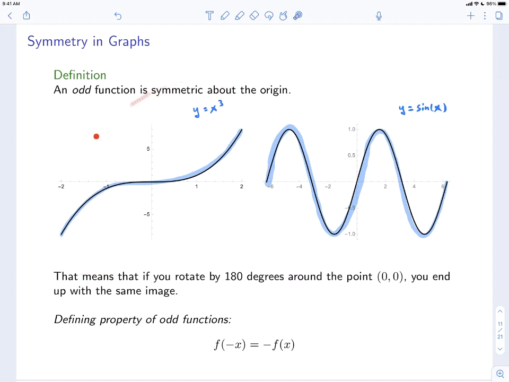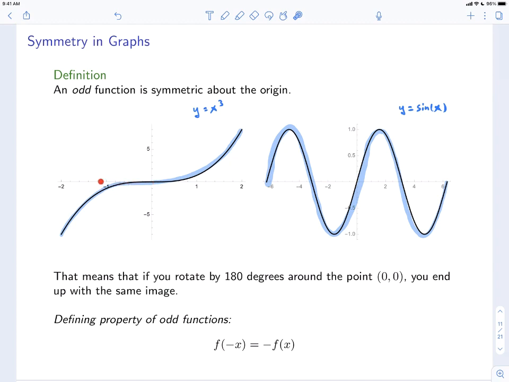So let's look at y equals x cubed. So we imagine instead of going to the right, we go to the left x units. So that means we're moving to the left. And it's telling us we're not getting the same thing, but we're getting the opposite thing. So we just go down instead of up. So if we went to the right by 1 unit, then you'd go up by 1 unit in this case, because it's 1 cubed.